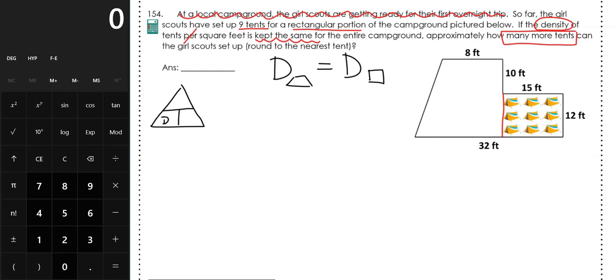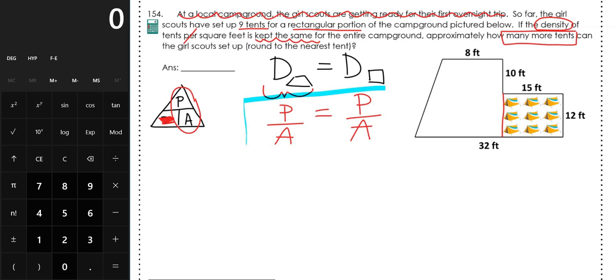Population density, P for population, A for area of the land. So what they're asking is to keep the densities the same. In other words, density, if we cross out the D, is population over area. So they want population over area to be equal for the trapezoid on the left to the population over area for the rectangle on the right.